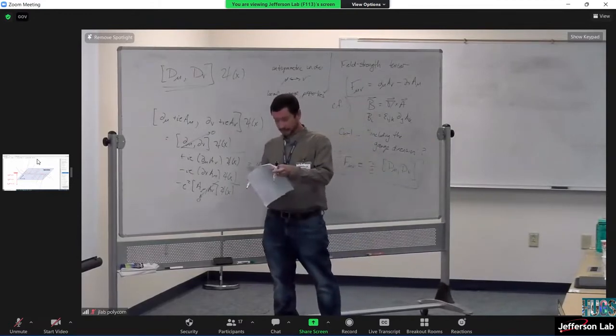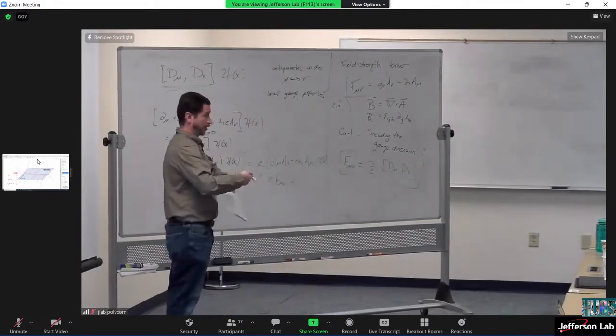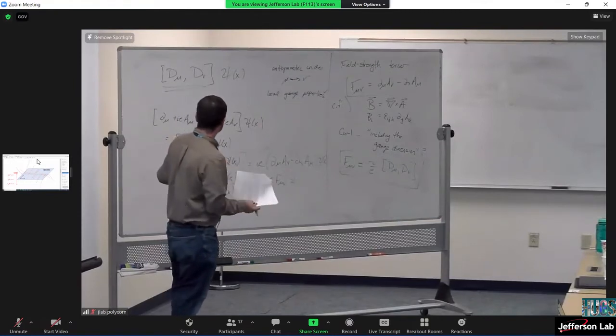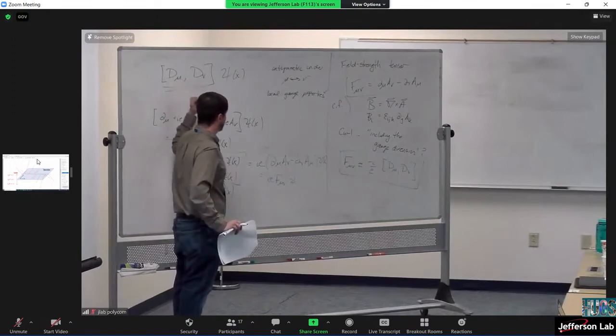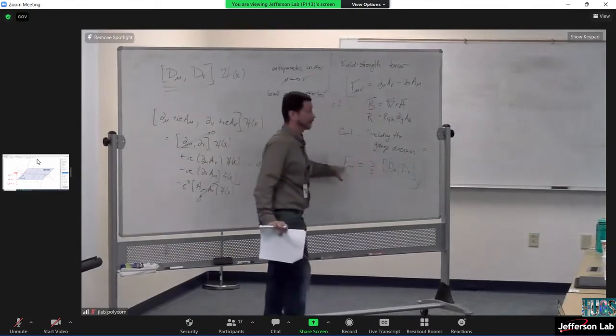Okay, so for QED, this is a little bit of overkill, but for QCD, this is going to save us quite a lot of pain, because now we'll be able to define minimal coupling by the introduction of a covariant derivative. And then knowing the covariant derivative, we'll immediately be able to find the field strength tensor.